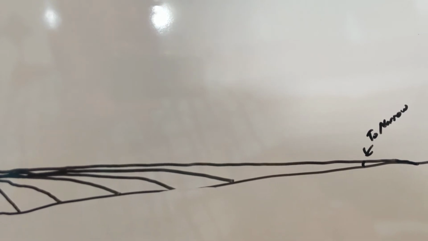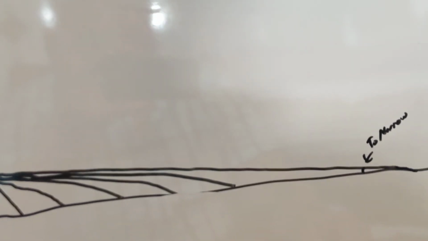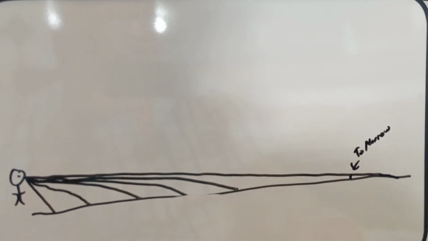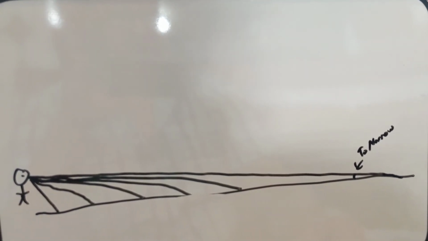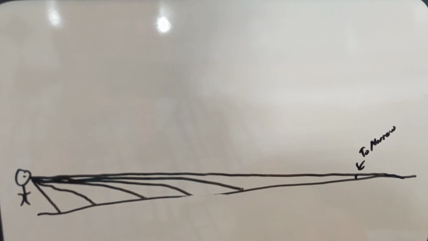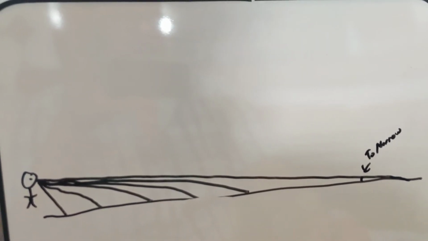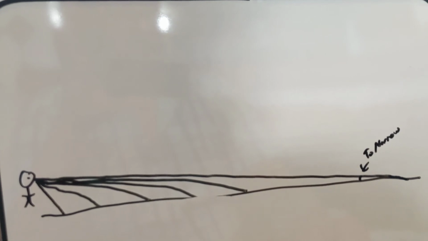The horizon is always just below your eye level. But it's basically at the same point. It's like conjoined twins. The eye level and the horizon will be side by side.